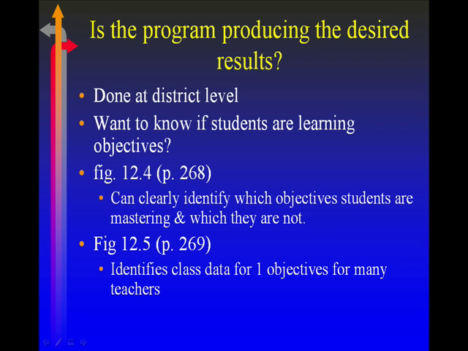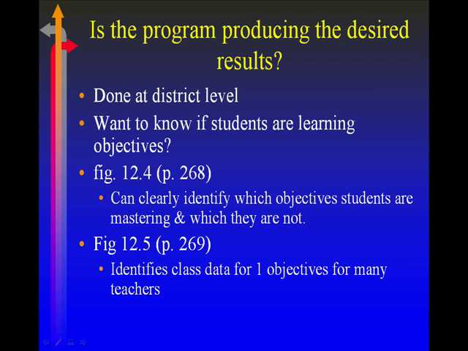First question, is the program producing the desired results? This can be done at the student level, but the textbook suggests that it's better if it's done at the district level. The assumption here is that all the schools in the district are using the same assessment tools, that you have a district-wide curriculum, and all the teachers are using the same objectives, the same program goals throughout the district.